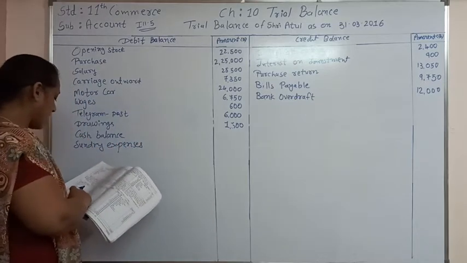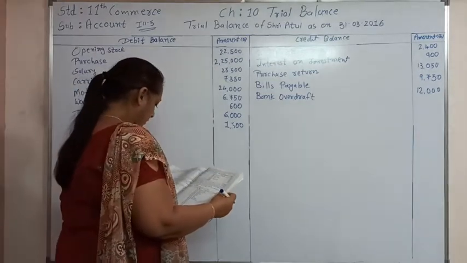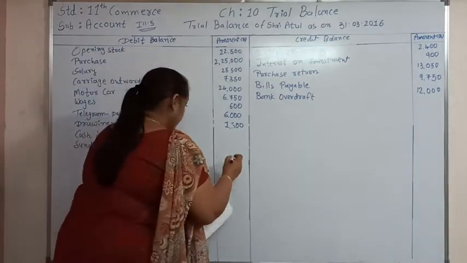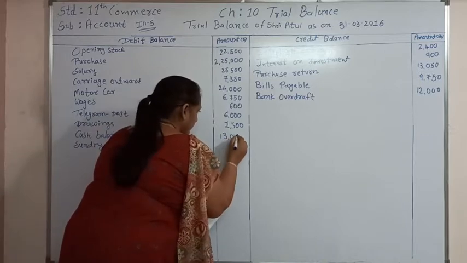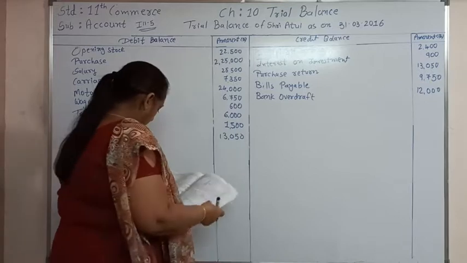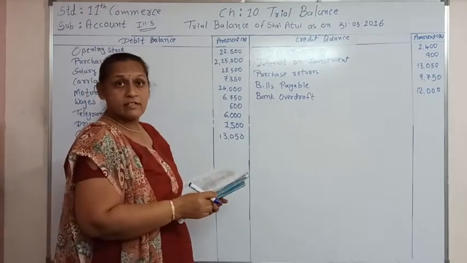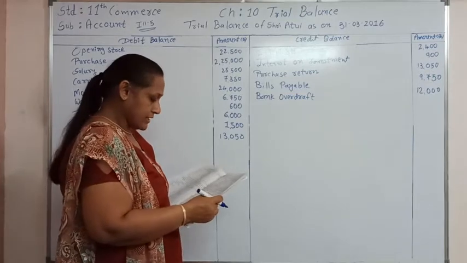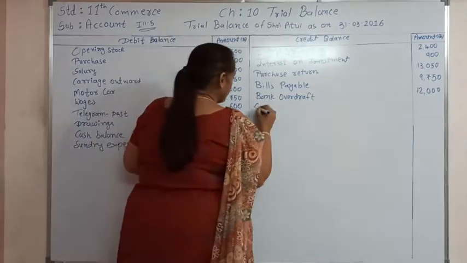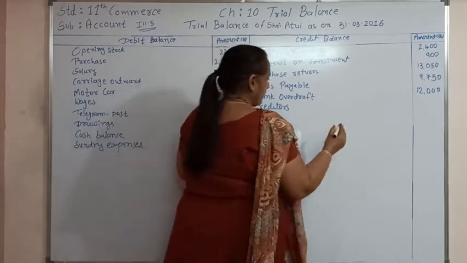Sundry expenses have a balance of rupees 13,050. After sundry expenses, another account is a creditors account, and creditors account has a credit balance of 45,000.